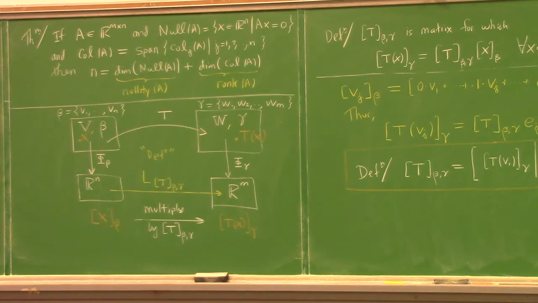So if we use the orange boxed idea, the matrix T beta gamma is equal to, let's see here, I'm supposed to find the gamma coordinate vector of T of v1. I'm going to run out of space here. If you don't mind, I'm just going to write 0 here.